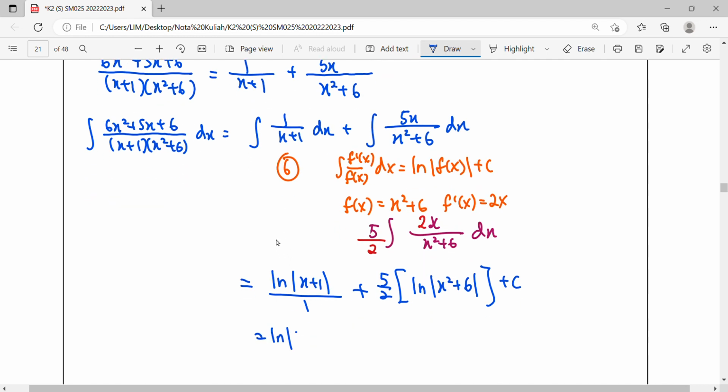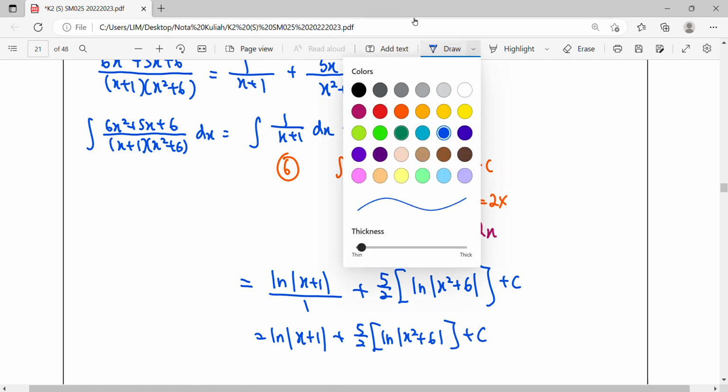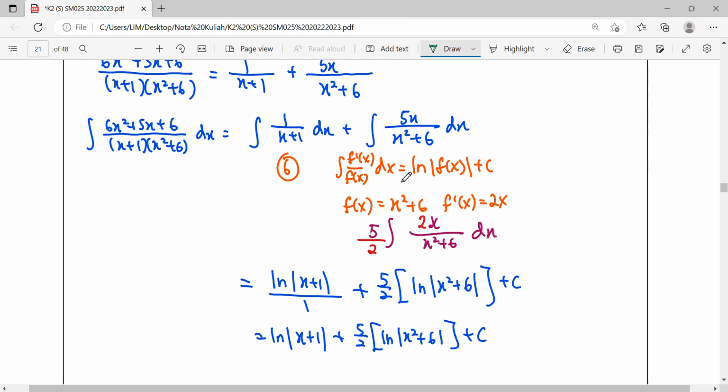Simplify it. For those who are not familiar with this formula, we can use substitution to solve this integral. As we can see in formula 6, the denominator is linear. When the denominator is not linear, we can use substitution. Here I perform the substitution method.